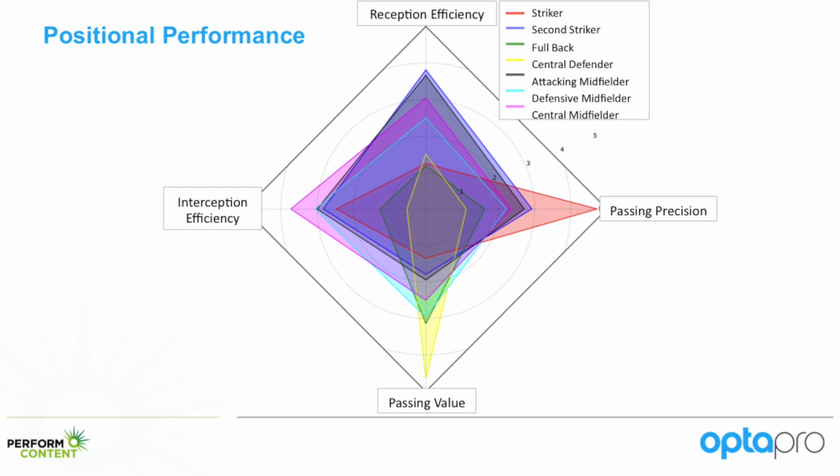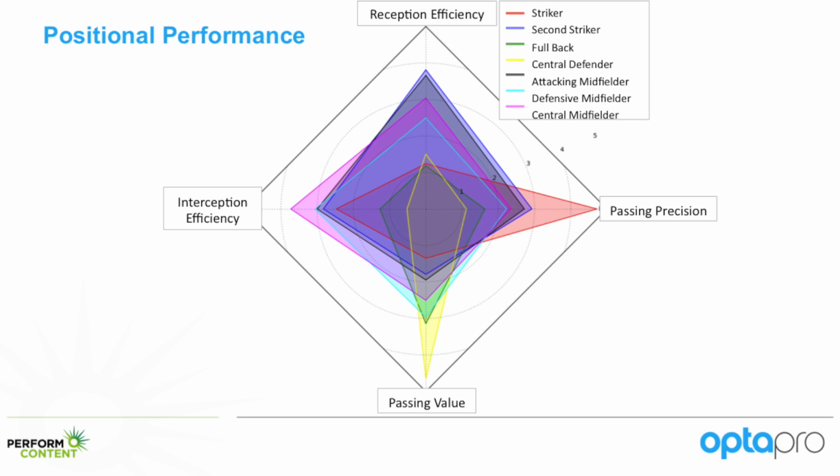As you'd expect, the attacking midfielder and the second striker are highly skilled at receiving passes. And they have fairly high passing precision, and because they play a somewhat similar role, their metrics here are the same. Another thing that stands out is that it's the central defenders who have the highest passing value.